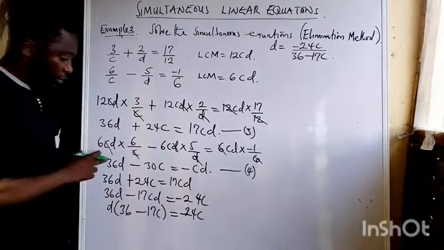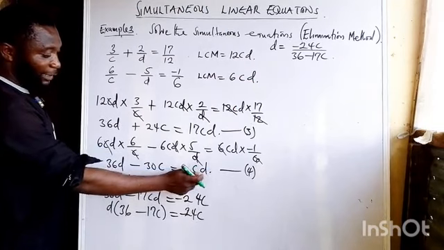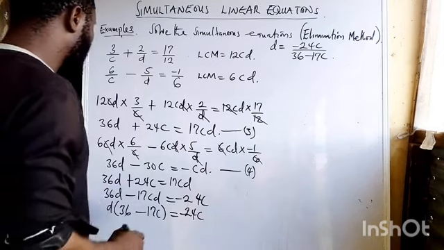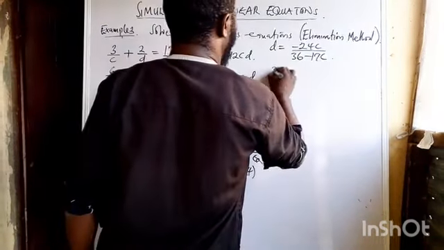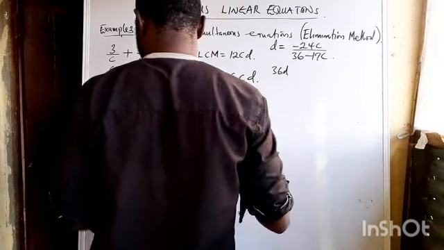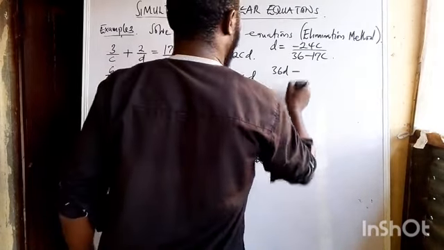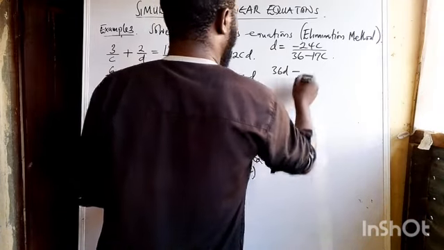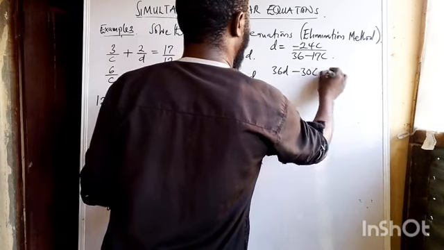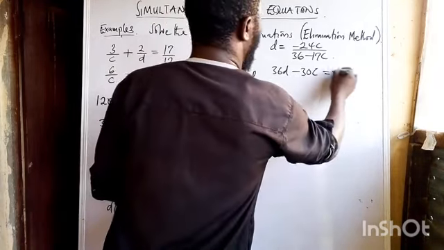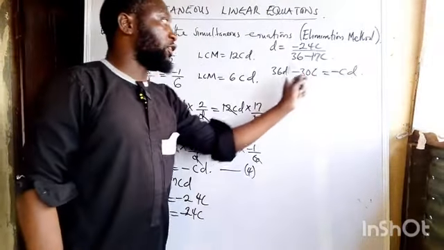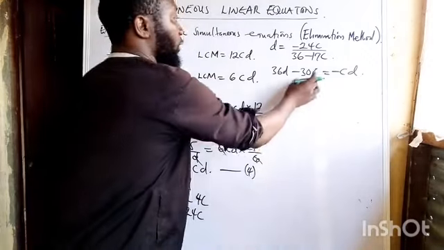We want to repeat the same in the fourth equation. I want to make letter D subject. So do the same here also. We have 36D minus 30C equals negative CD. But because we want to make this subject, we have to move this in, take this out.